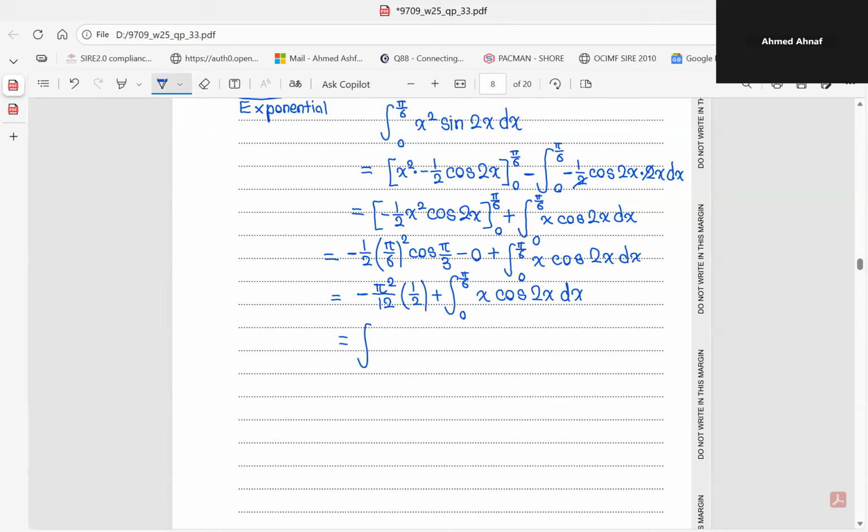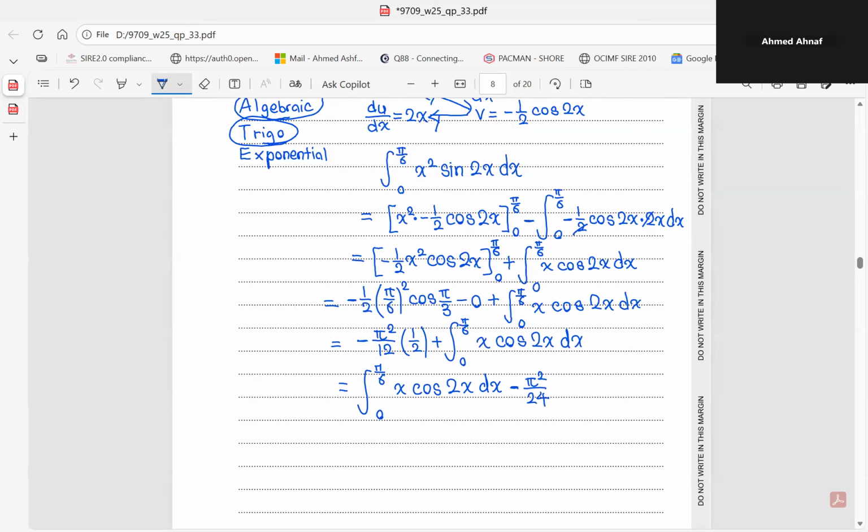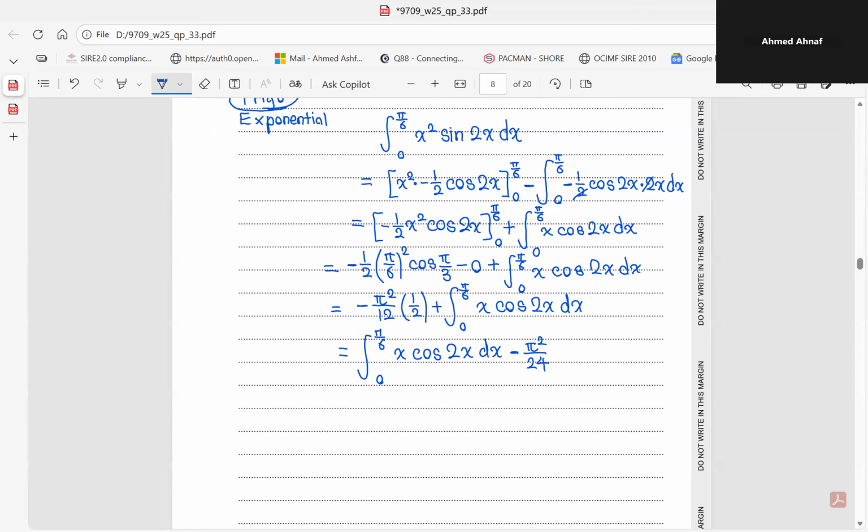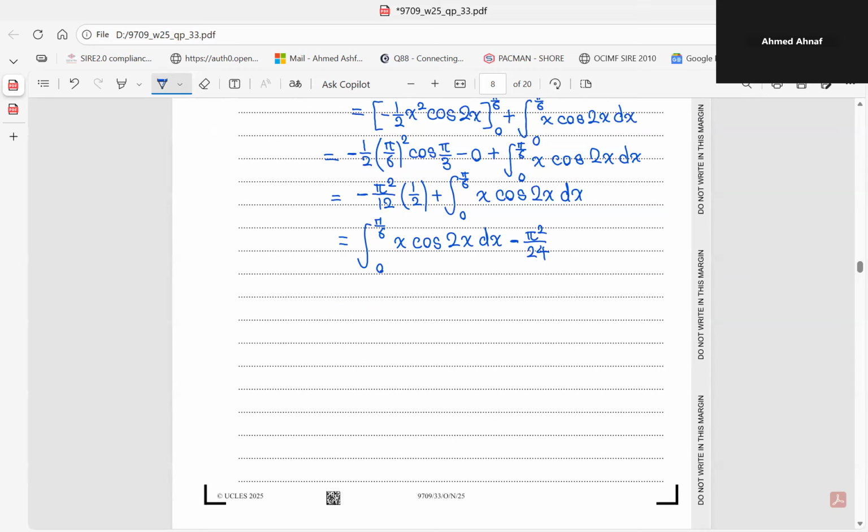This would be the integral from 0 to pi over 6 of x cosine 2x dx minus pi squared over 24. This is our intermediate expression, not our final answer. To get the final answer, we need to evaluate this integral. It's again a product of two functions, so we need to do integration by parts again.